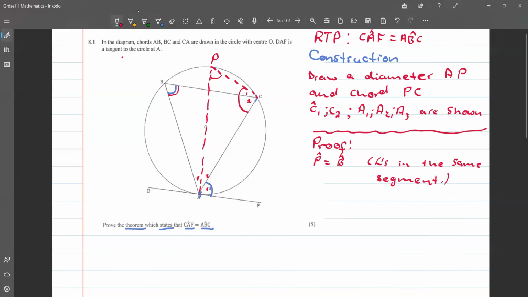Number two, we are now going to indicate that C1 plus C2 is 90 degrees. So angle C1 plus angle C2 equals 90 degrees. Why are we saying that? Those are angles in a semicircle. But how can I write P1 using C1?